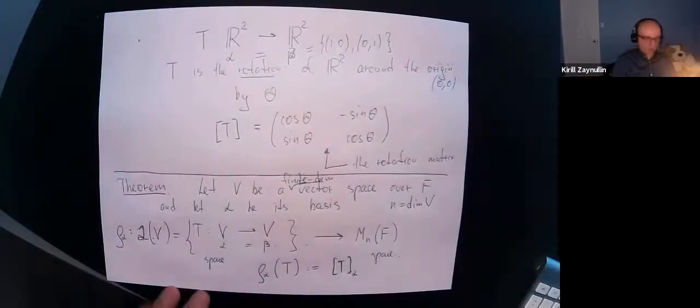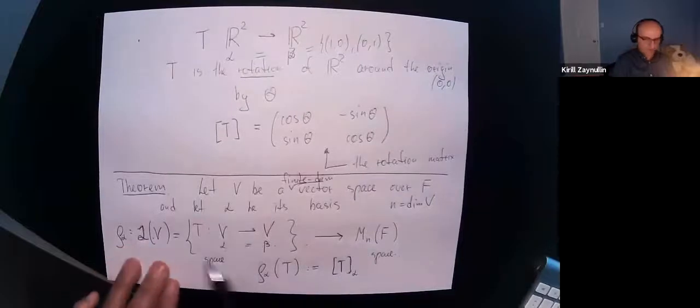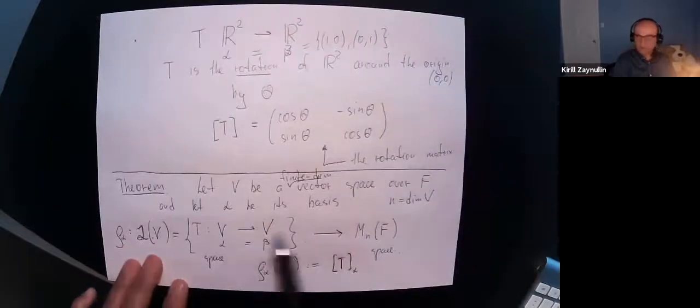Okay, so again, this is a map, a function from this vector space to this vector space.